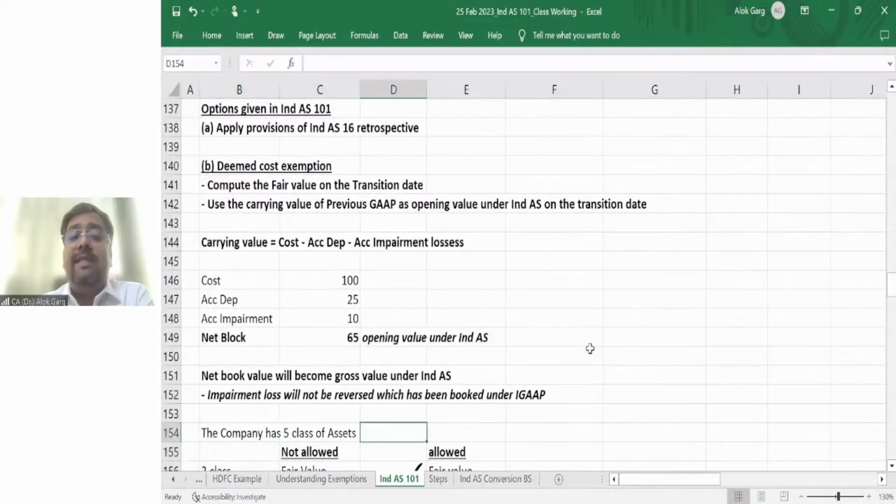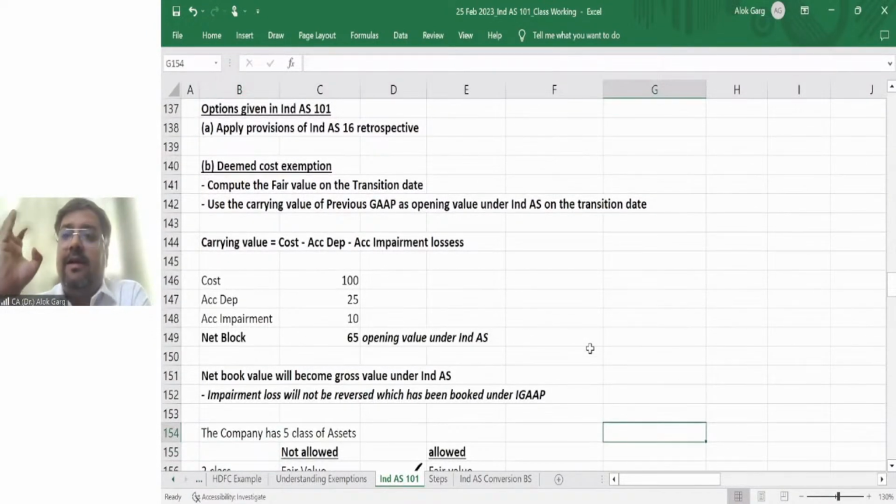But for example, the company has five classes of assets: furniture and fixtures, land, building, machinery, some aircraft. If the company does not want to get the fair valuation done for every class, for example for land and building it can get the fair valuation done very easily, so the company applies the fair valuation model for land and building.